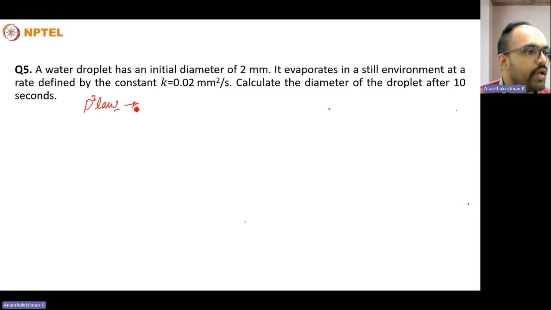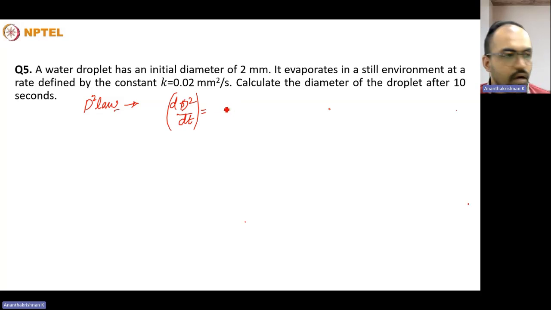D squared law, where the rate at which the surface area of the droplet decreases can be assumed to be a constant. So for small time intervals, we can integrate this particular equation, and based on this constant, we can arrive at the value.